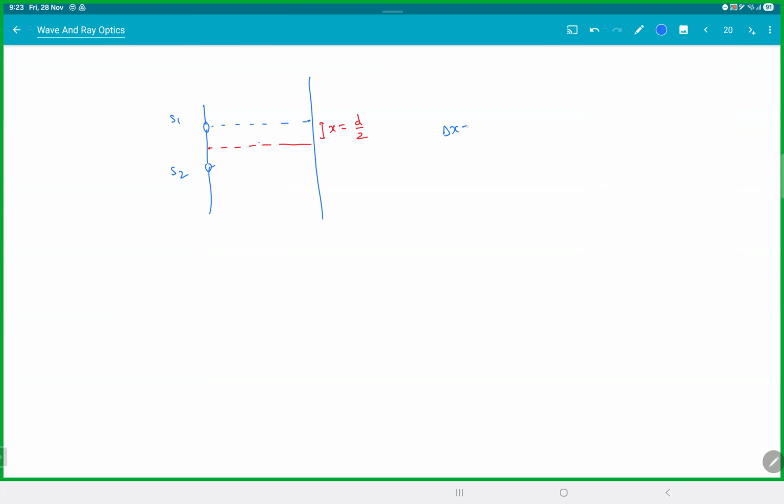The path difference delta is equal to dx by capital D, which will be nothing but d square by 2D. Since wavelengths are missing, it must be (2n plus 1) lambda by 2. From there you get your lambda. You can count all those things. Those will be the wavelengths which are missing. Okay.